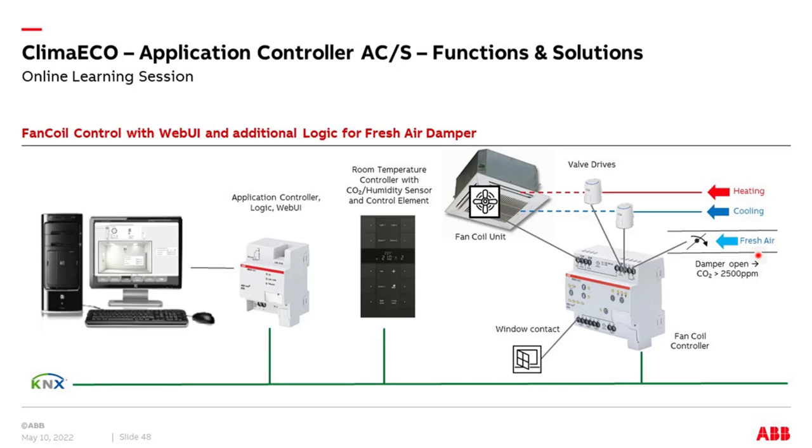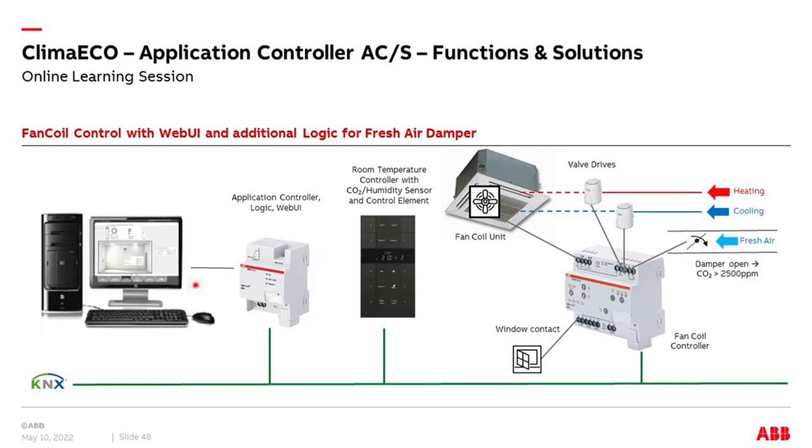So in my first very simple example, I do it only with open and close. If the CO2 measurement, done in the ABB Tenton here in my case, in the KNX device, exceeds 2500 ppm, then I open this air damper, so more fresh air comes into my room, and I have a better air quality. If it goes below 2500, I close it again.